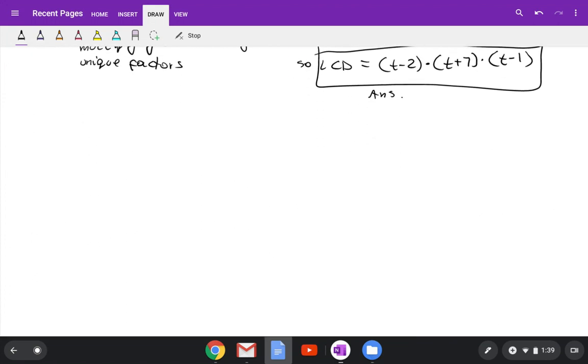So we're still working on the same thing, but here I'm going to give you steps of writing rational expressions with the least common denominator.